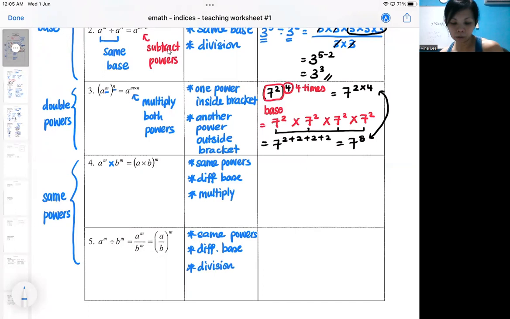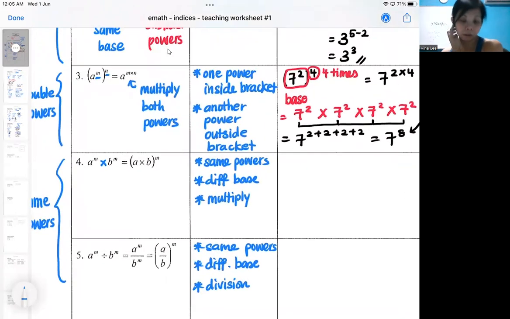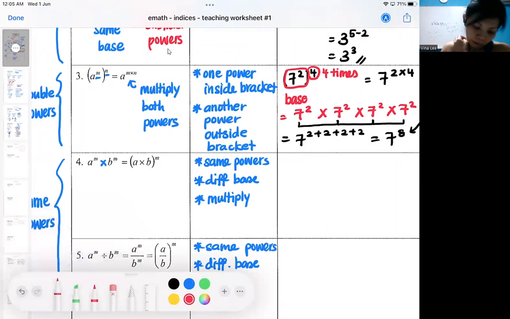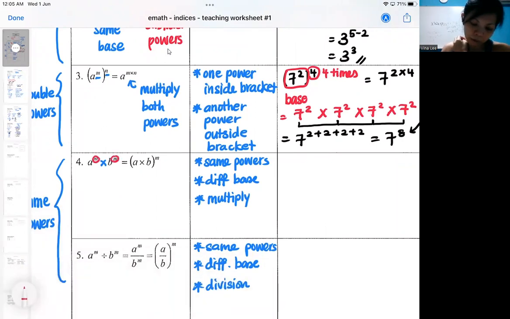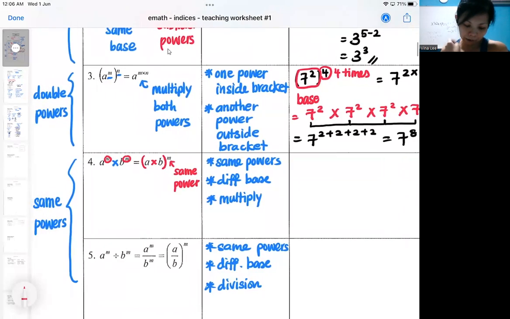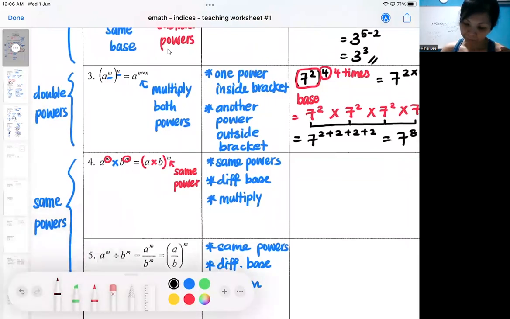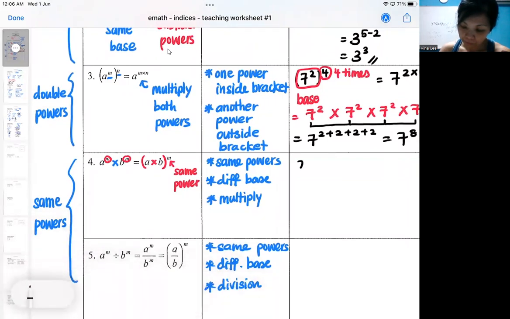So if you look, it looks a little bit like taking out common factor on the power. Since they got the same power, you might want to see it as pulling out the power. So it stays as a multiplication inside. So a very simple one will be something like same powers.